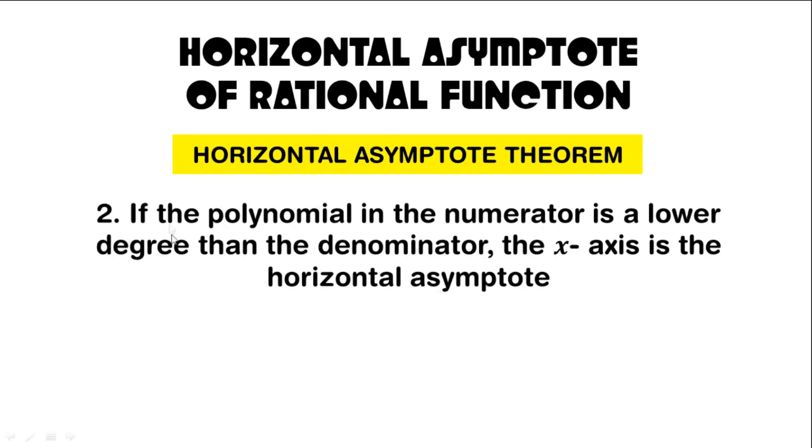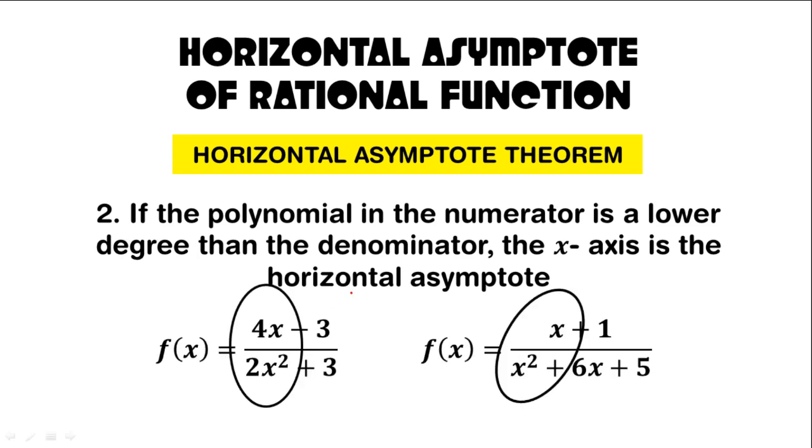Okay. Number 2 rule. If the polynomial in the numerator is a lower degree than the denominator, the x-axis is the horizontal asymptote. Kung sa panguna, yun yung kapag magkapareho lang yung degree ng highest degree term sa numerator at sa denominator, dito sa second rule ng horizontal asymptote theorem, kapag yung numerator ay may lower degree than the denominator, so itong x ay mas mababa syempre sa x squared.